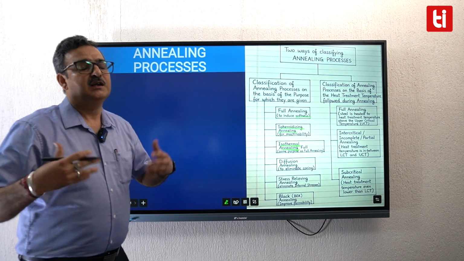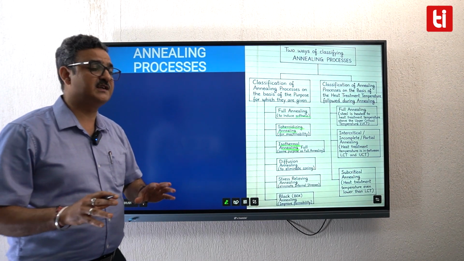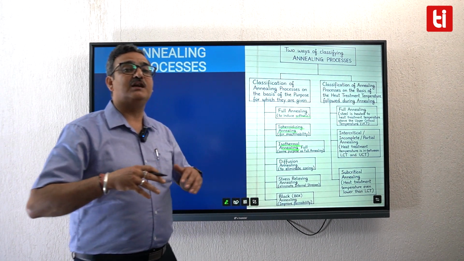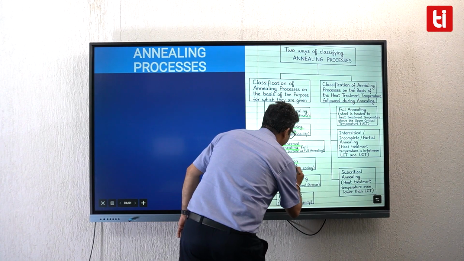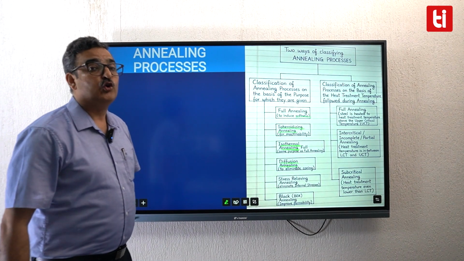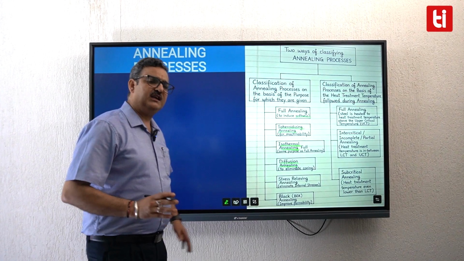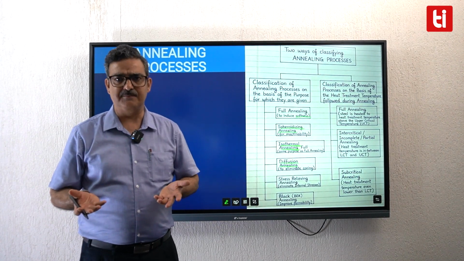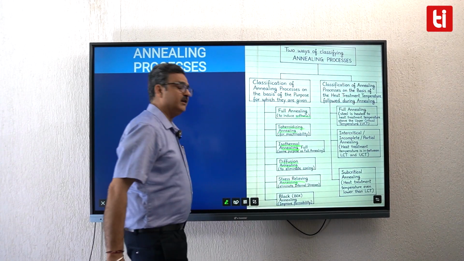Then if some steel component has to be given annealing because there is a coring defect present in it, and the purpose of giving the annealing is to eliminate coring, then students, the annealing process is called diffusion annealing or homogenizing or homogenization annealing. Similarly, if the only problem with the steel components is to eliminate internal stresses, you give it stress relieving annealing.